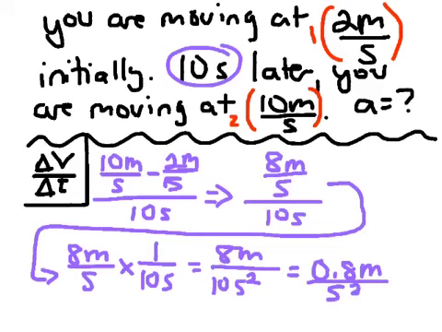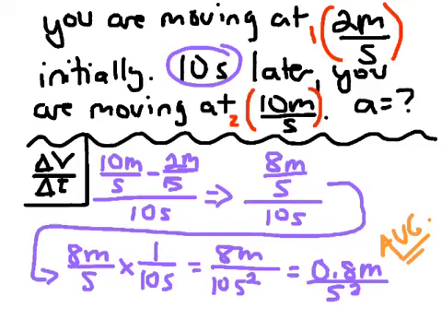And what that means is that this is going to be your average acceleration. So your average acceleration was, for every second that you were moving, you were gaining 0.8 meters per second in velocity. If you read this, it's 0.8 meters per second, per second.